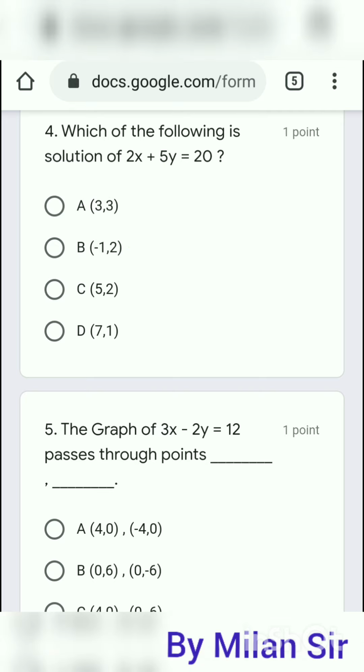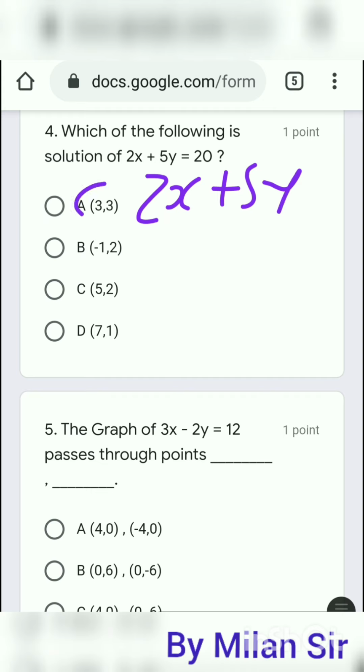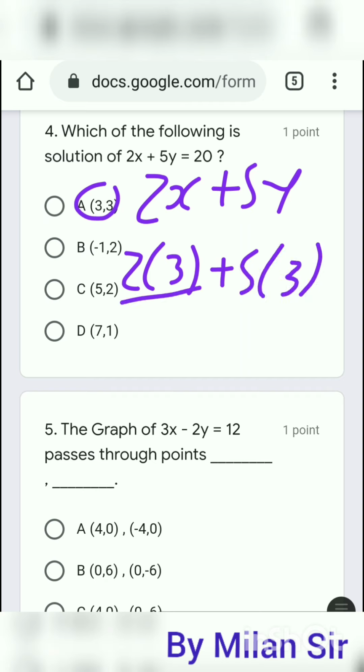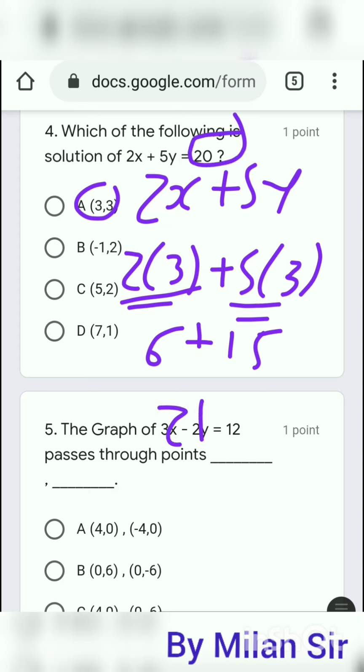First put 3 and 3, that means in place of x put 3 and in place of y put 3. So 3 twos are 6 plus 5 threes are 15. 15 plus 6 is 21, but here it is written 20, so this is not the correct answer.